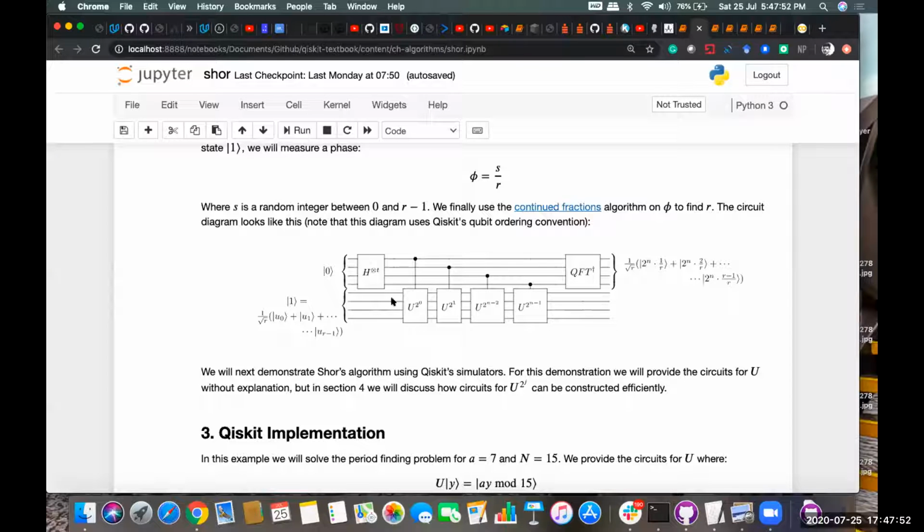We are creating a quantum phase circuit. So you can see this is the state given by an expression on which there are certain unitary operations being performed. And for the quantum state 0, we are trying to find the value of r.